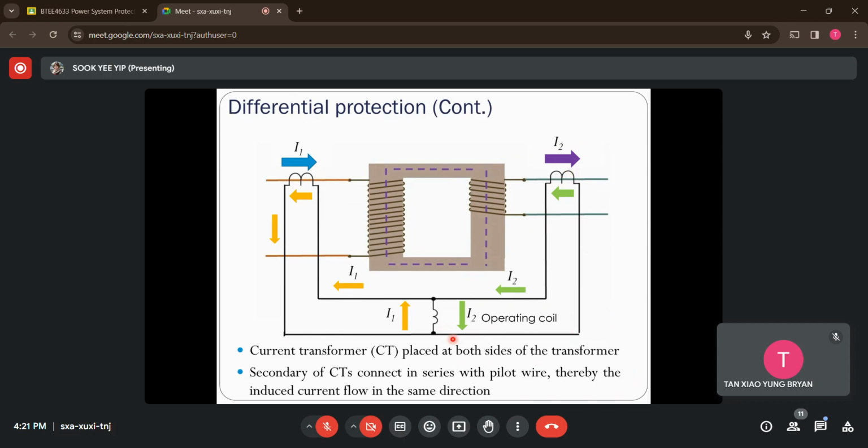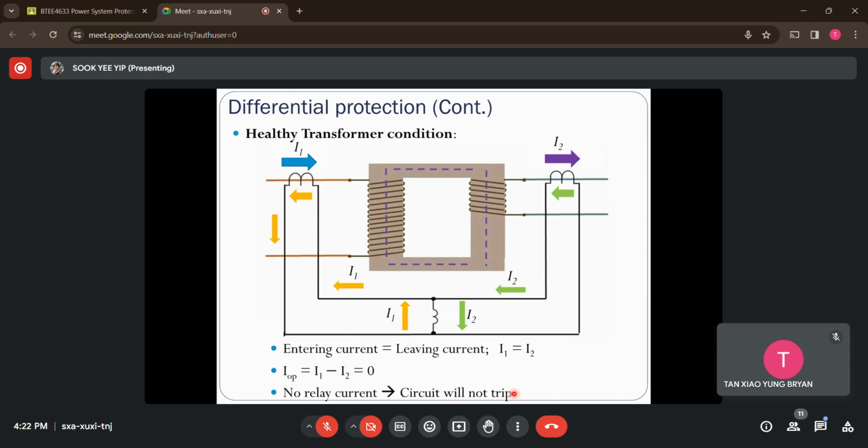You might wonder why they are in these directions. It is because the secondary sides of these two current transformers are connected in series. So you'll notice that the secondary current, which is stepped down by the current transformer here, will be flowing in the same direction.